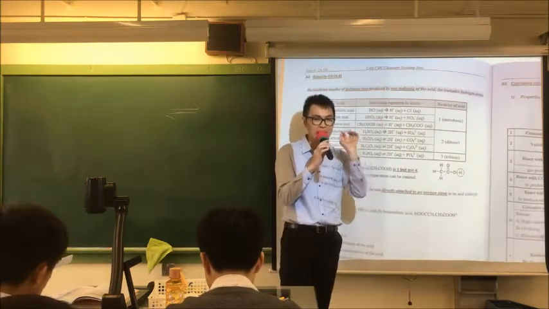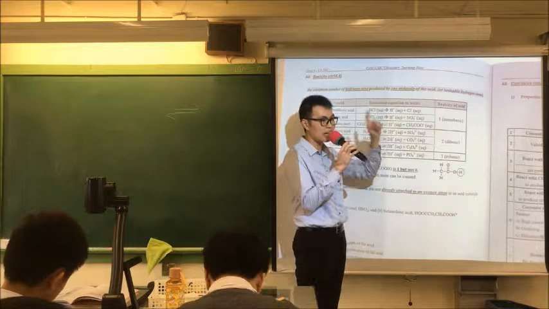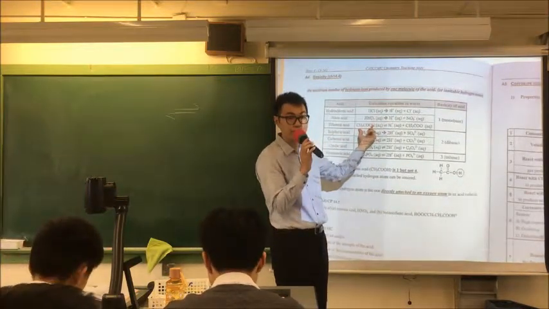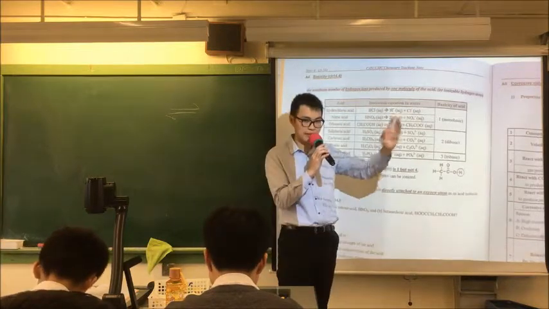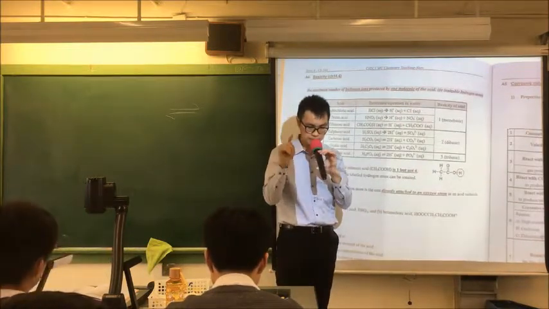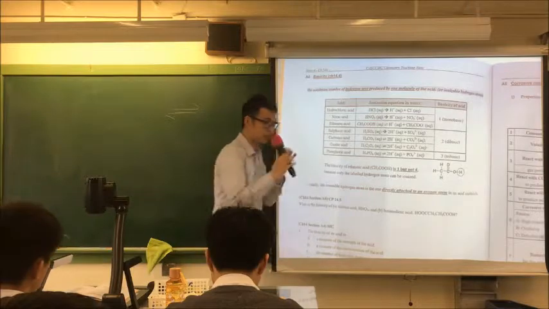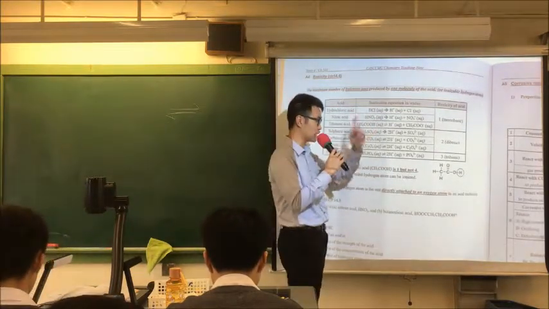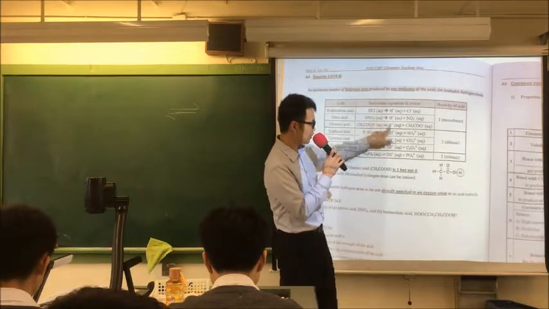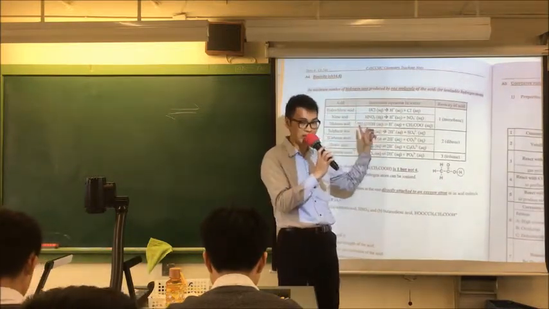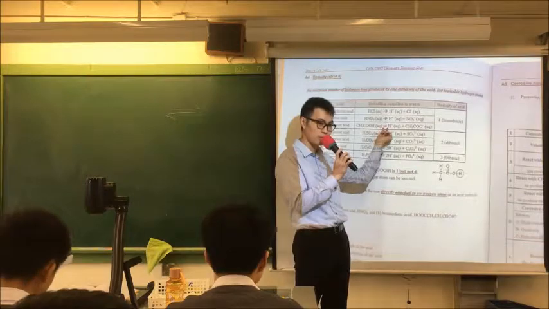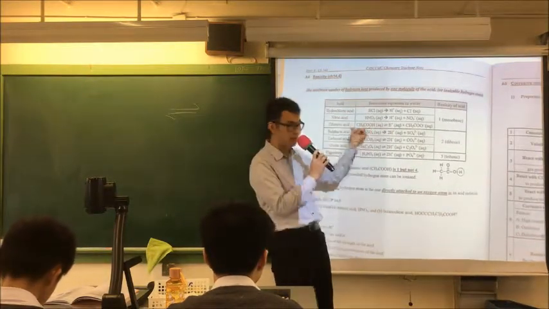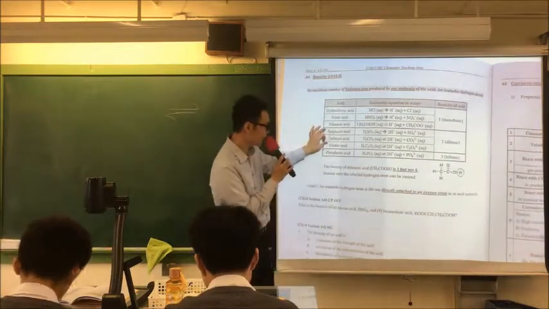Only part of them will ionize. Part of them will remain as molecules. We will talk about this in chapter 17 in more detail. Okay, so this is a monobasic acid, but it is a weak acid. When you see a reversible arrow right here, it represents that the acid is a weak acid.